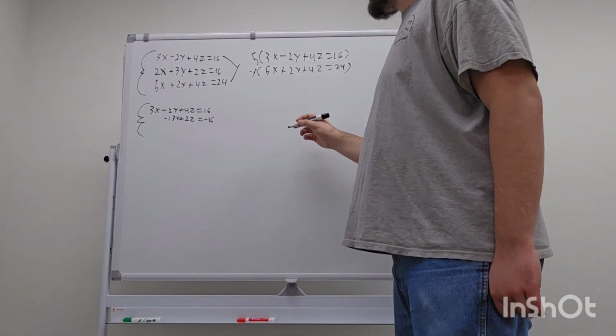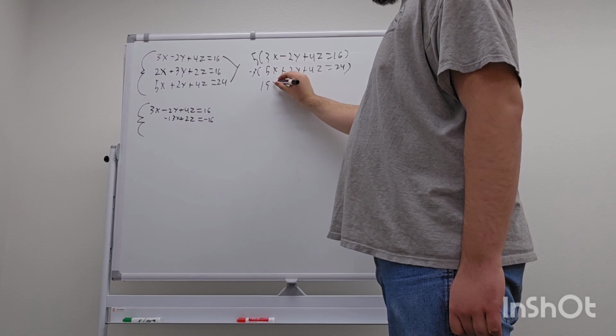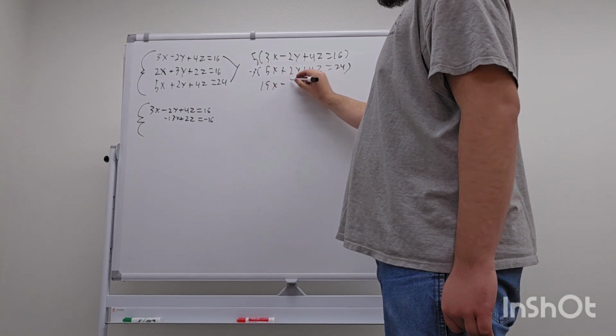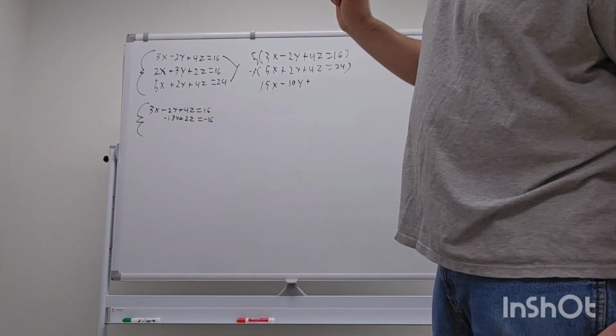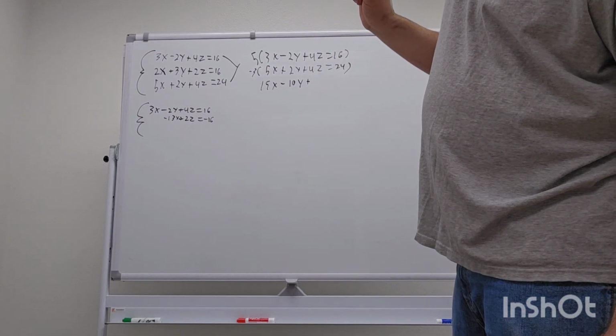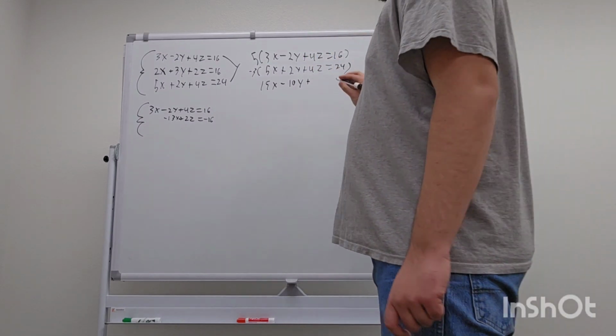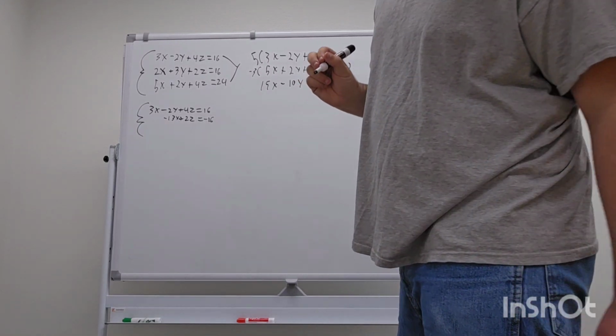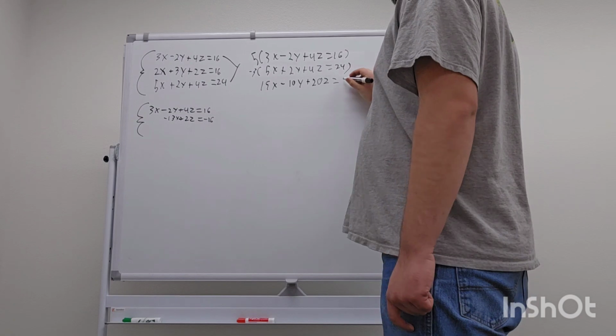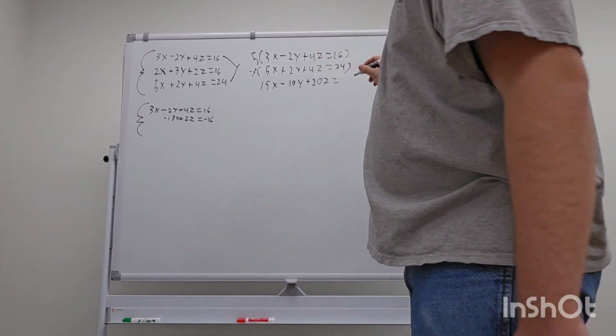And that's going to come out to 15x minus 10y plus, I apologize, 20z equals 80.